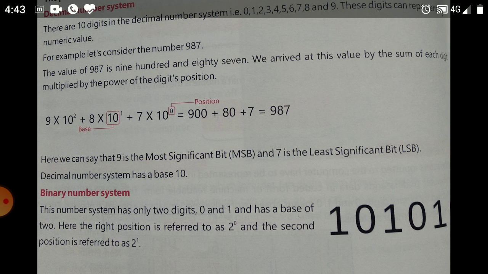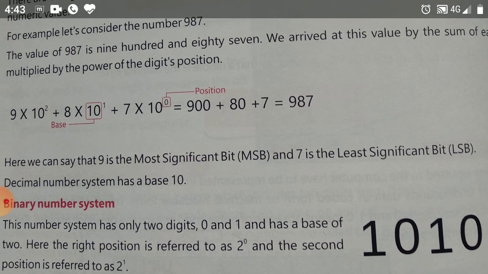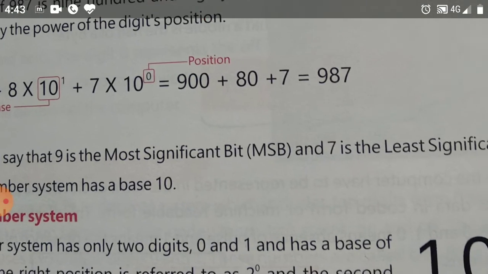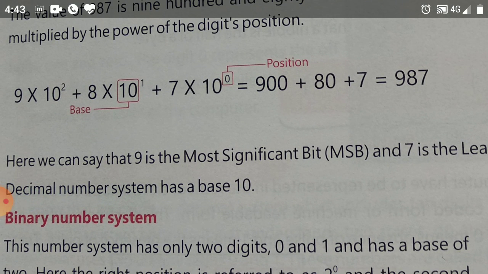They have given the formula over here. If you write the number with the positional value, as this is a decimal number, the base of the number is 10. So what we do is multiply every digit in the number by powers of 10.